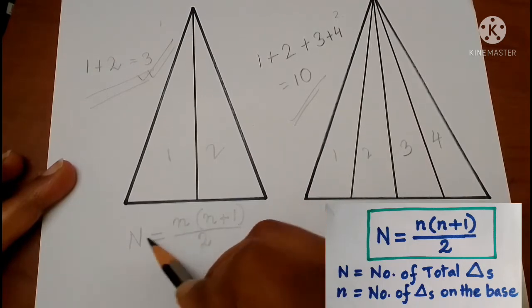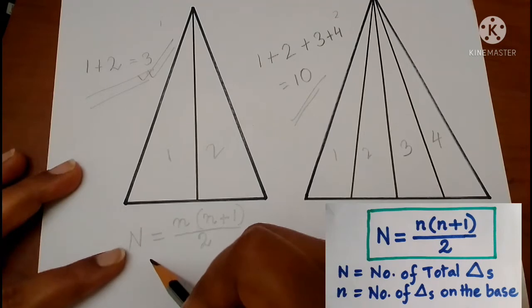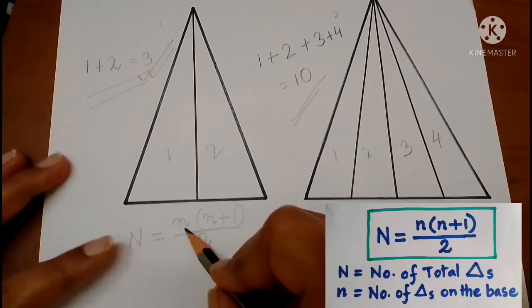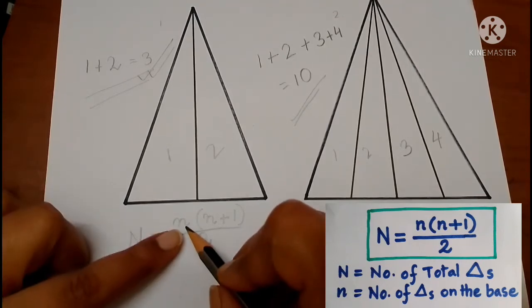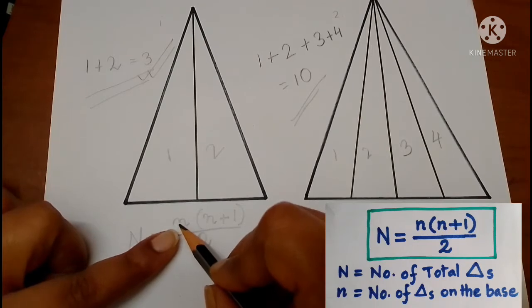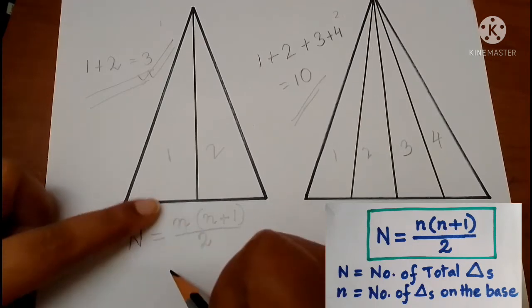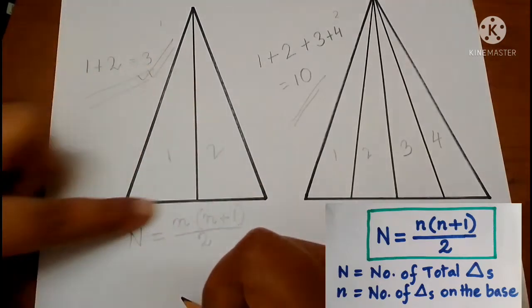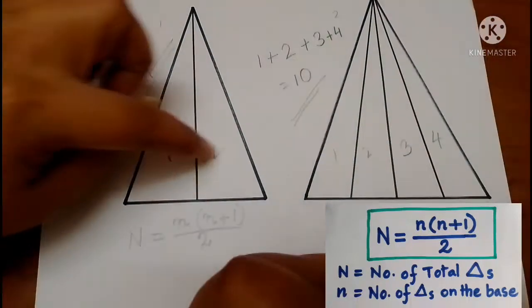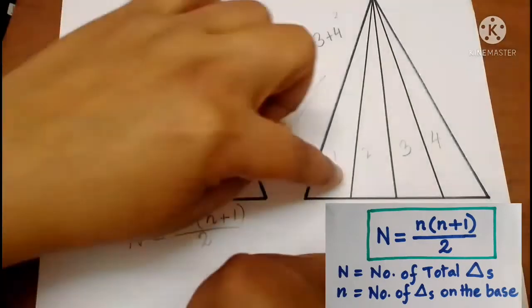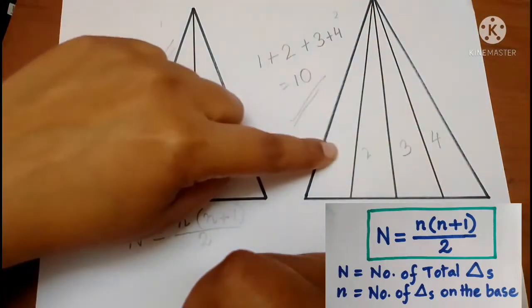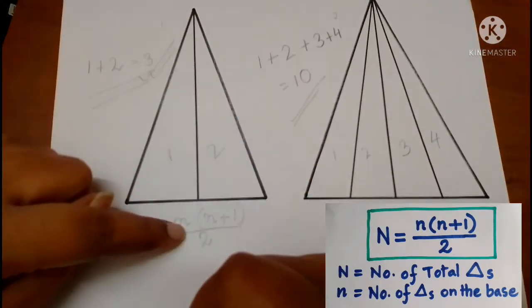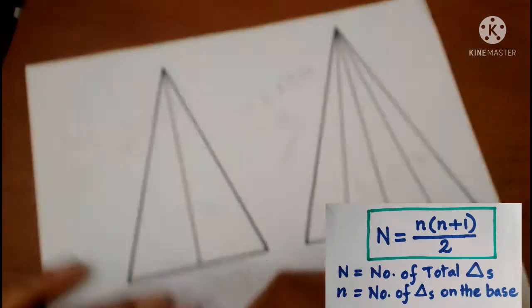Here capital N is equal to the total number of triangles, and this smaller n is equal to the number of triangles you can count over this base. Here small n is equal to 2, and for the second figure, the small n is equal to 4. So can we calculate that out?